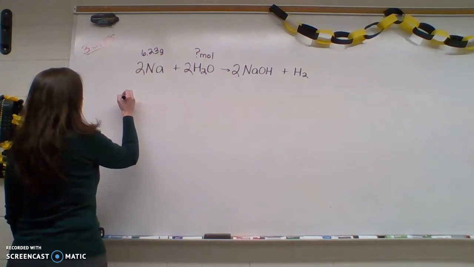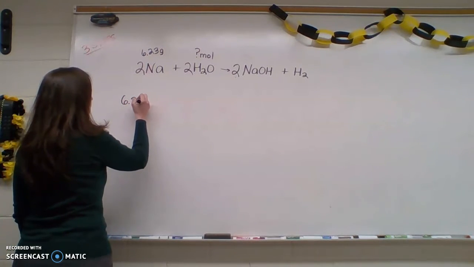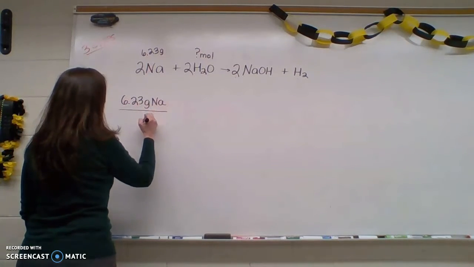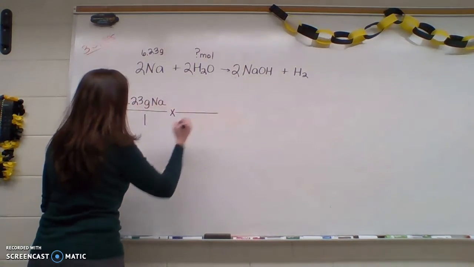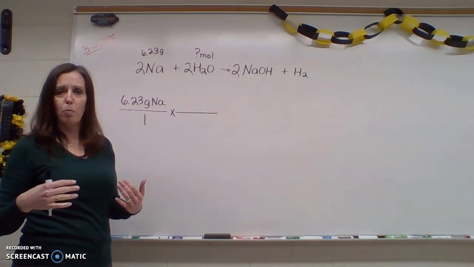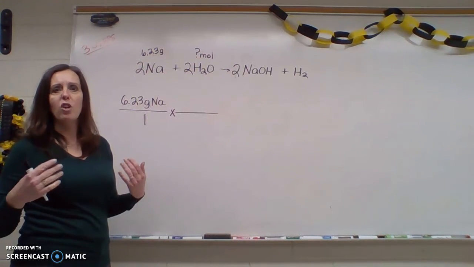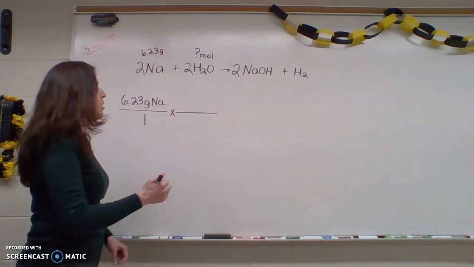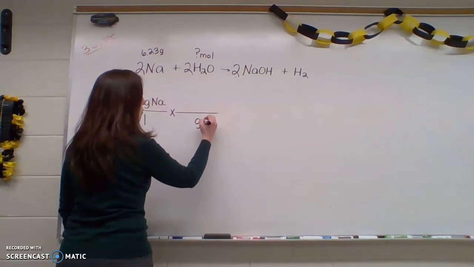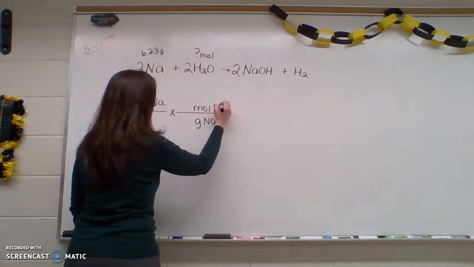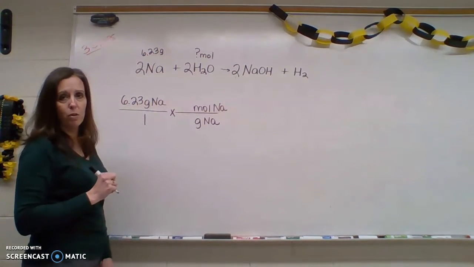And I know the first step is always going to be the same. There we go. Now, whenever you are in grams as a superchemist, I want you to train your mind to just automatically convert back to moles. So we're going to get rid of grams of sodium, and we're going to go to moles of sodium.